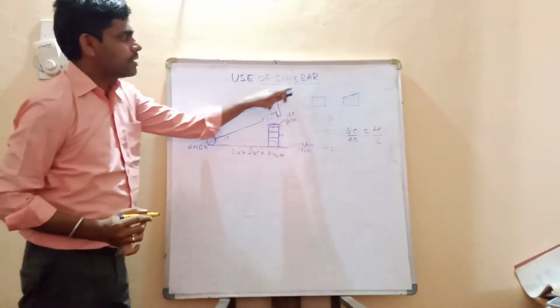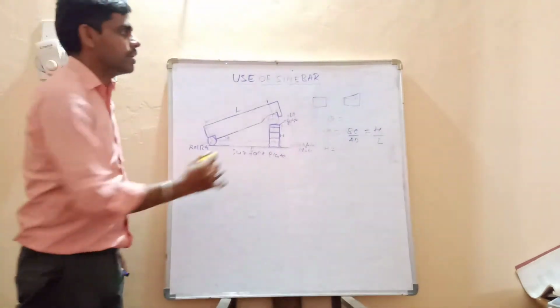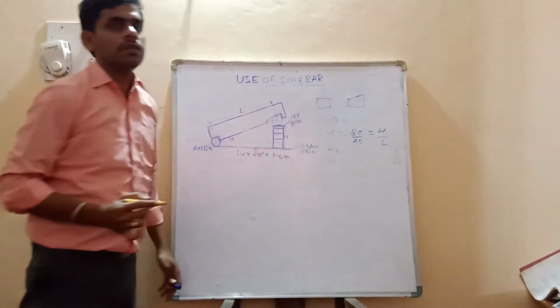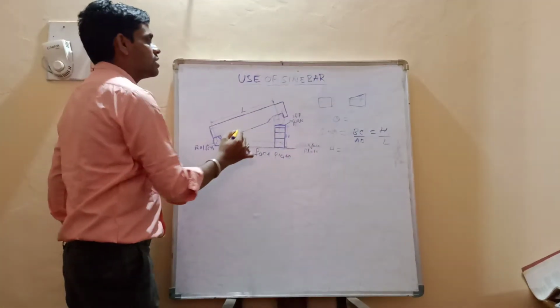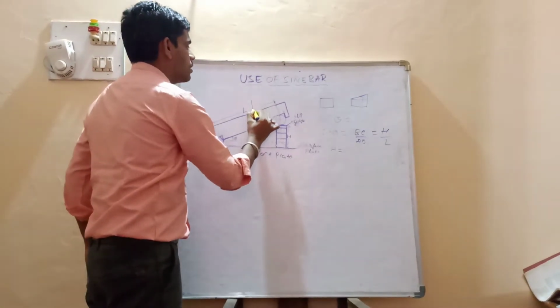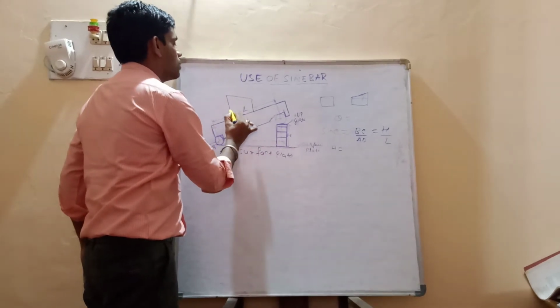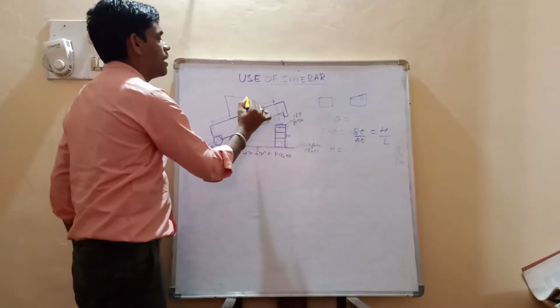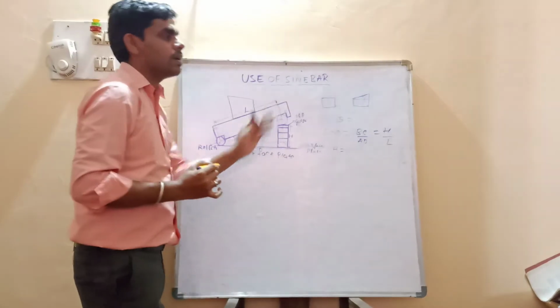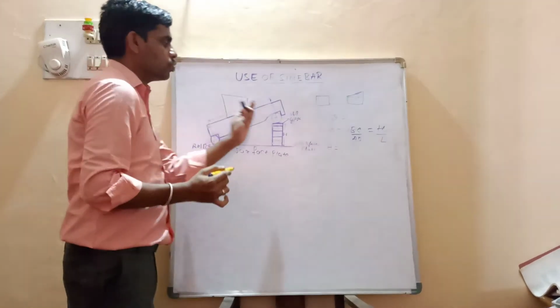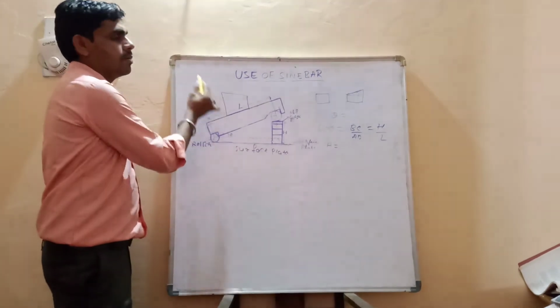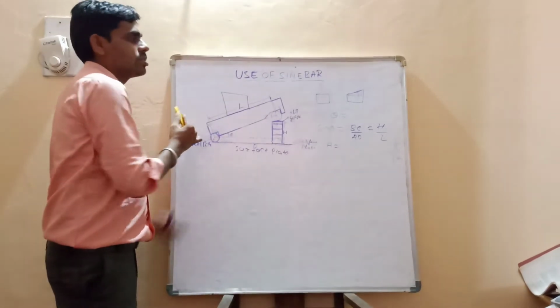According to the title, use of sine bar, here we are going to check the unknown angle of the given specimen. We simply locate the specimen over the sine bar. The minimum height should be towards the slip gauge end, whereas the maximum height should be towards the opposite end.